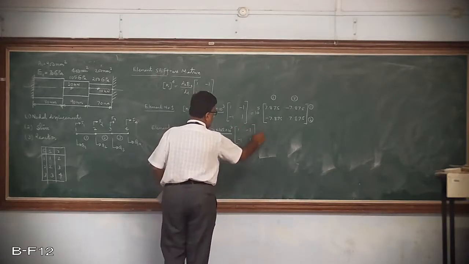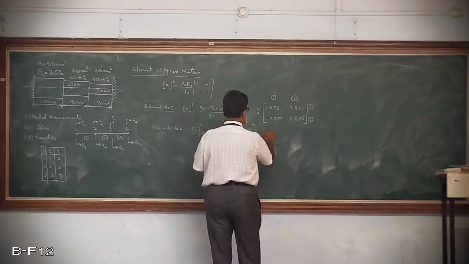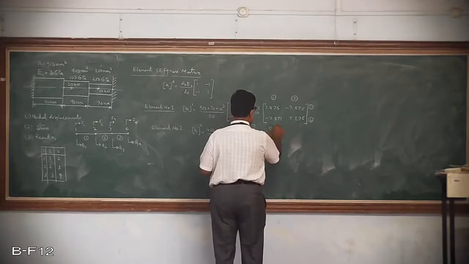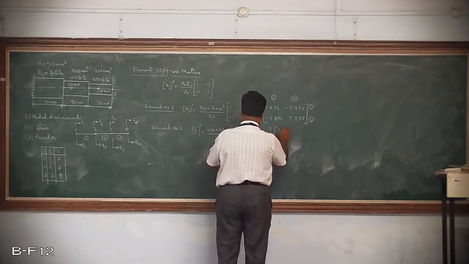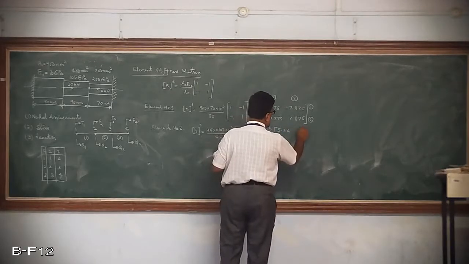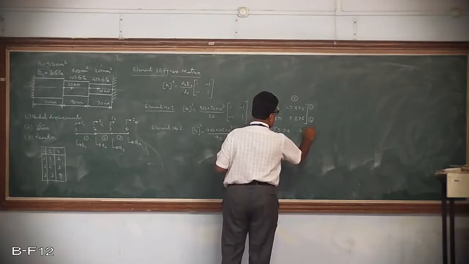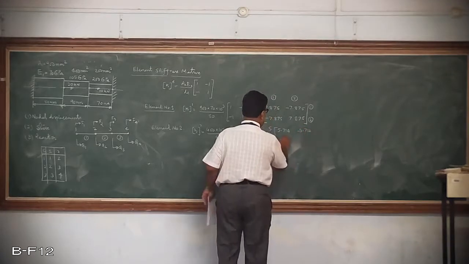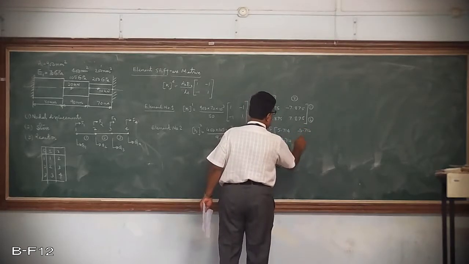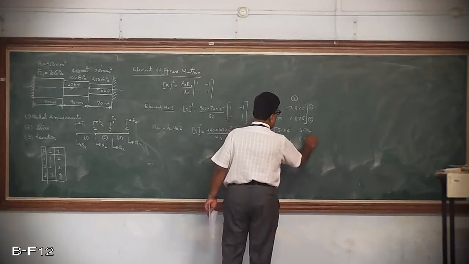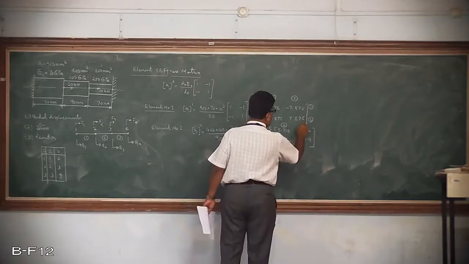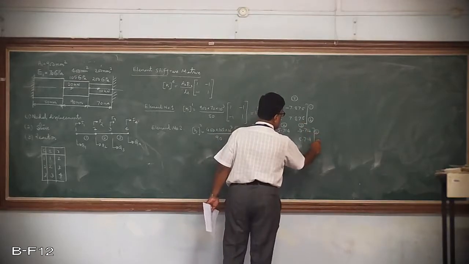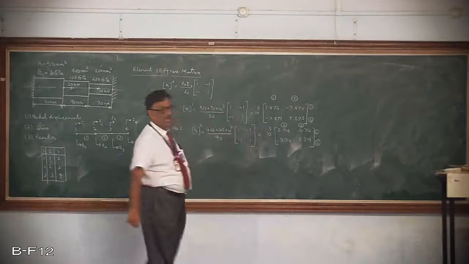This gives 10 raised to 5 into the bracket 5.714 minus 5.714 minus 5.714 5.714. The connectivity for the second element is 2 and 3.